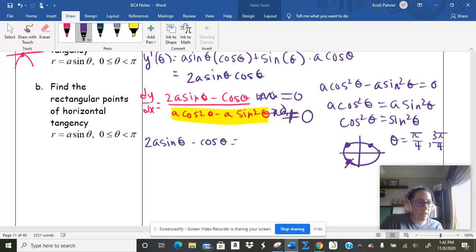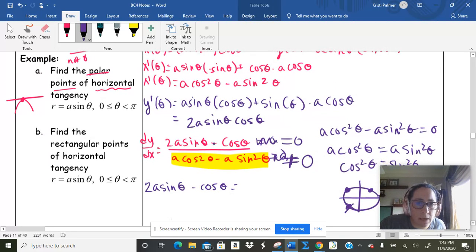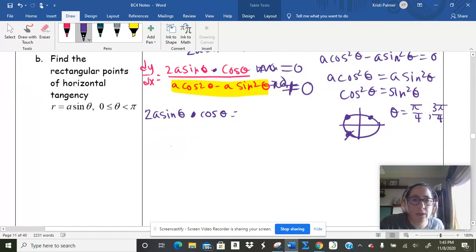Okay, so let's go find where this guy equals 0. I think I accidentally, that should be a times, that's why. This is a times. Okay, so when I have two things multiplied equaling 0, then I can set them each individually equal to 0. Again, we're looking between 0, including 0, up to pi.